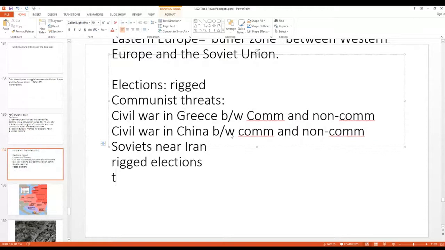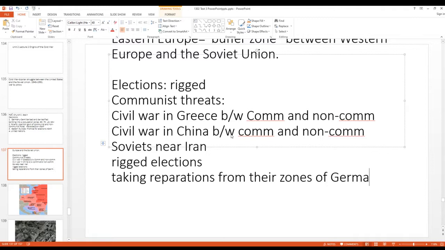And then finally, the Soviets, in direct violation of agreements made at Yalta, were taking reparations from their zones of Germany. Everyone had pretty much come to the conclusion that the reparations after World War I had been a bad idea.